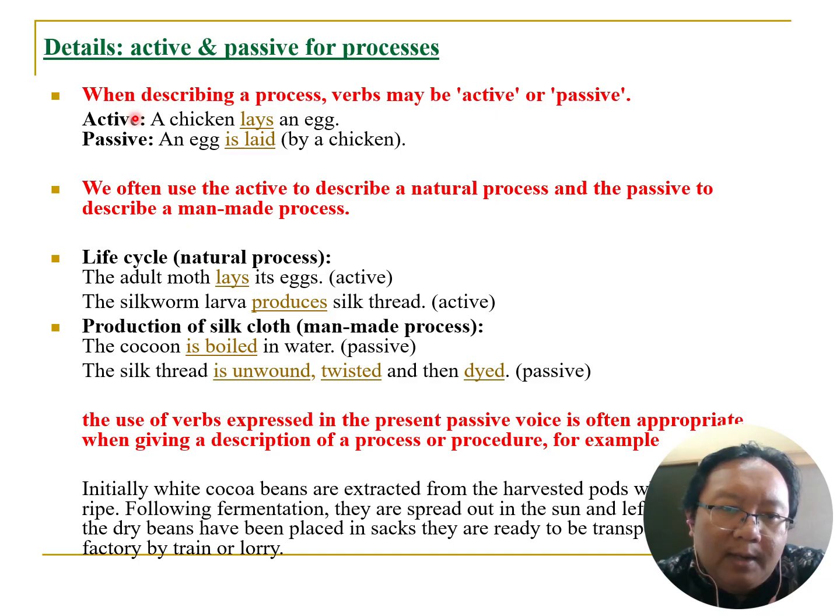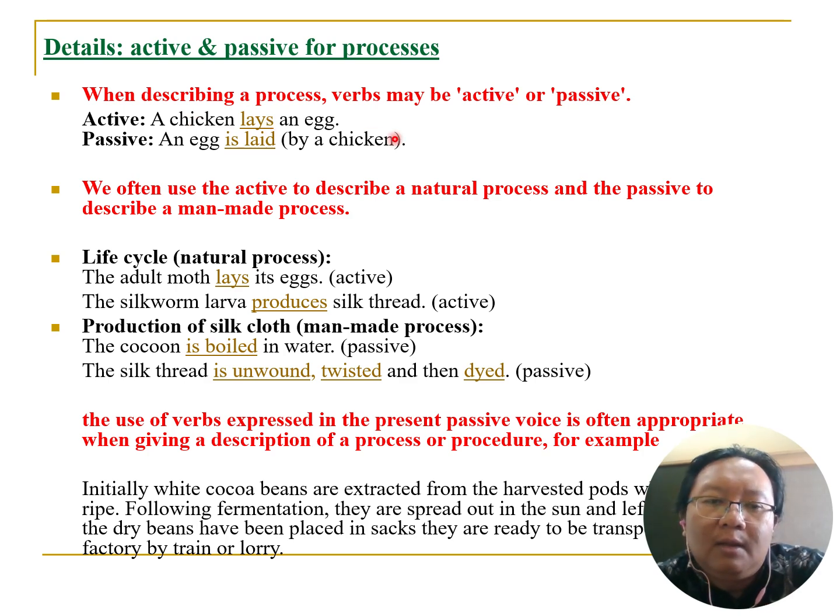An active voice, you can see here: a chicken lays an egg. If you change it into passive: an egg is laid by a chicken. When you know the subject, usually it will become active. When you don't know the subject or don't want to mention the subject, you can change it into passive. There are some rules here.